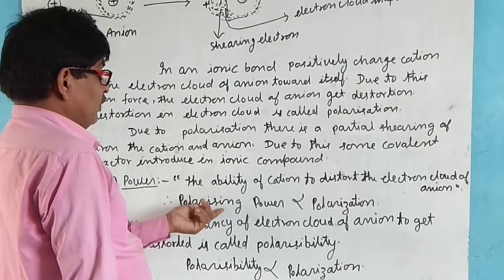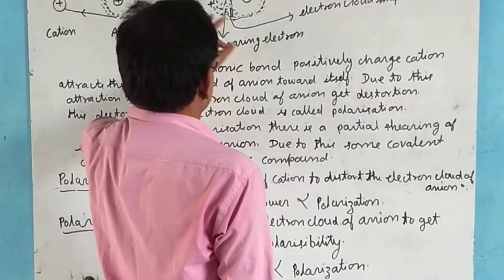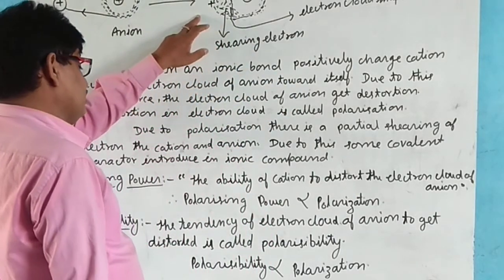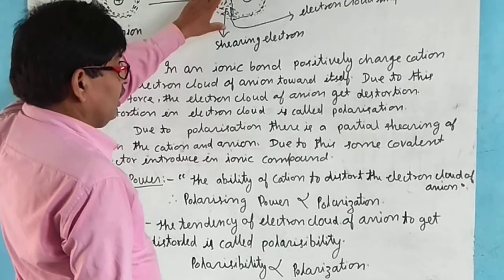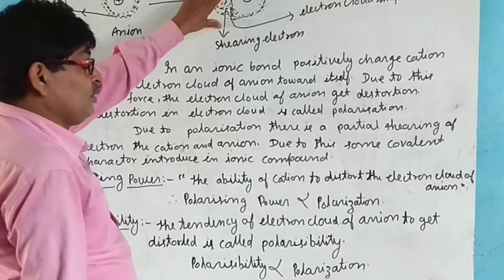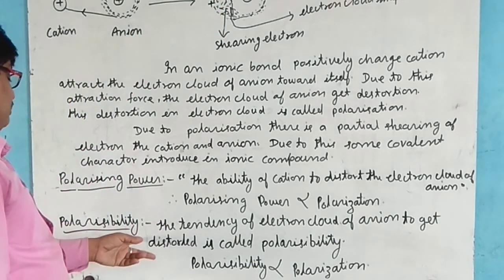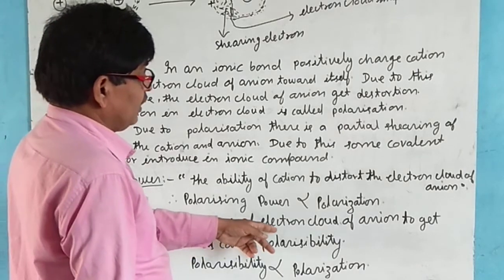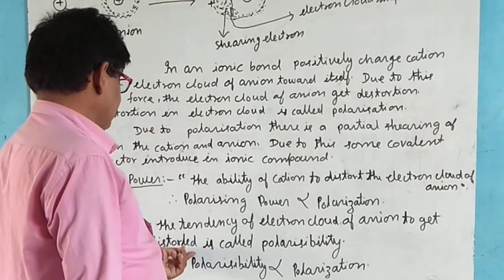It means that polarizing power is proportional to polarization. The more it distorts the electron cloud, the more the polarization. Polarizability is the tendency of the electron cloud of an anion to get distorted.